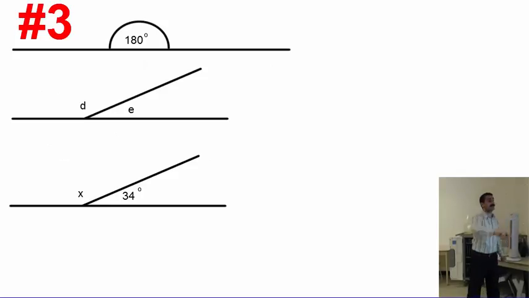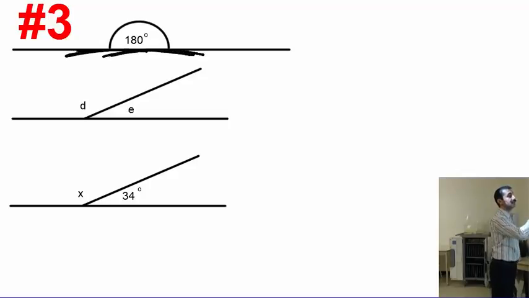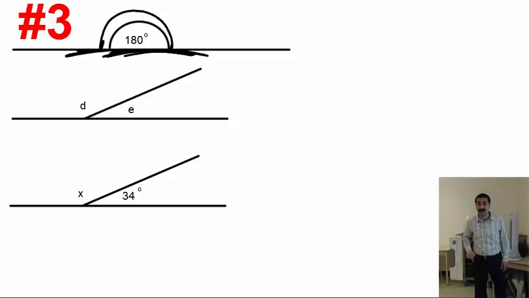How about rule number 3? Rule number 3 is about the straight lines, and believe me, you will use this rule frequently, but if you know how. So there's a straight line here, right? And if you start from here and you go there, that's going to be 180 degree.